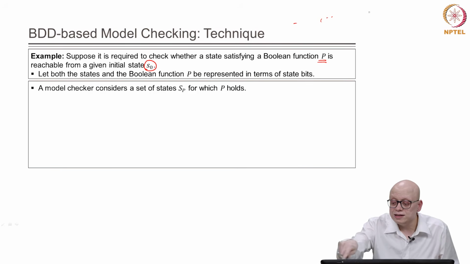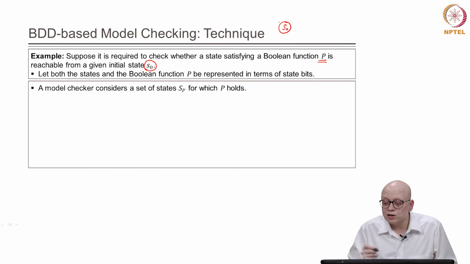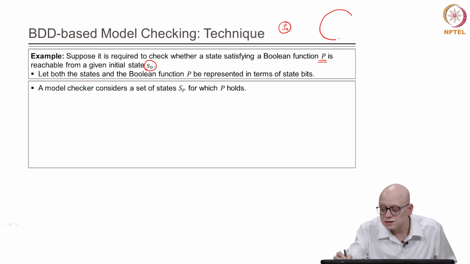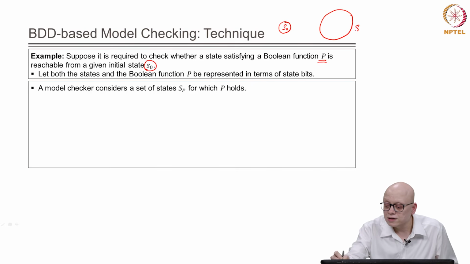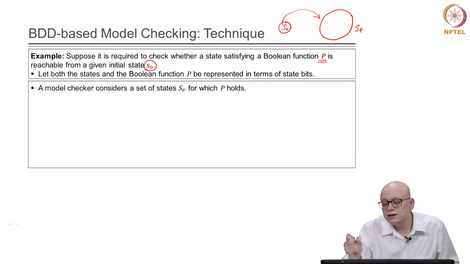Now, we are given an initial state S naught, this is one state. We are asked the question whether a state is reached in which P holds, right. So, the model checker considers a set of states SP for which P holds, and then it tries to find whether this set of states can be reached.